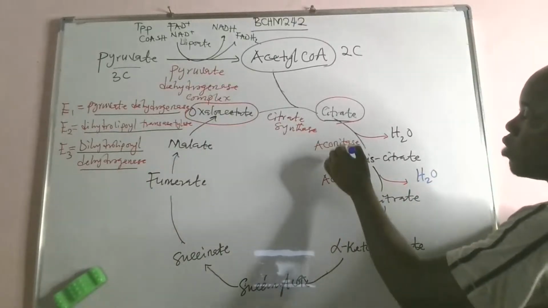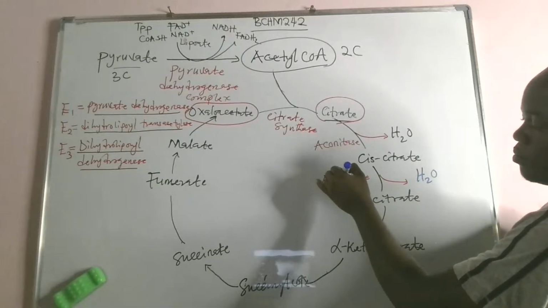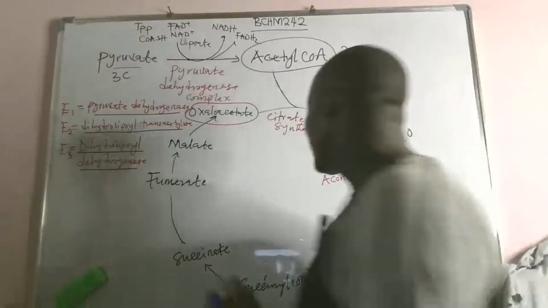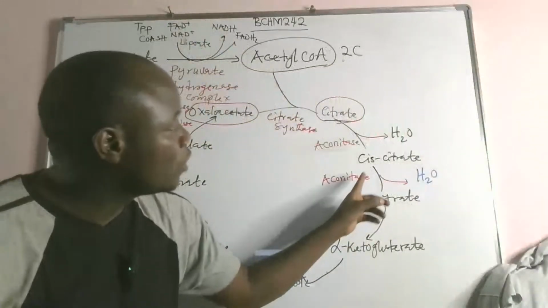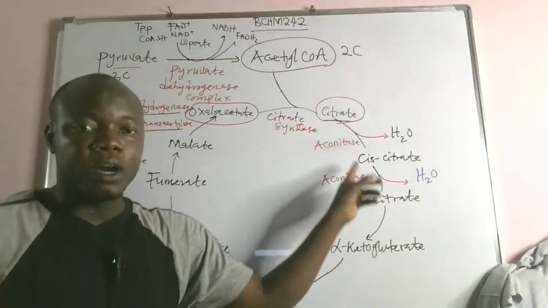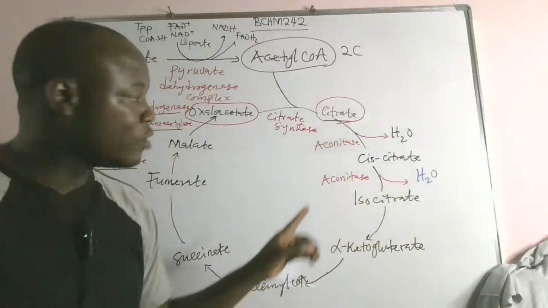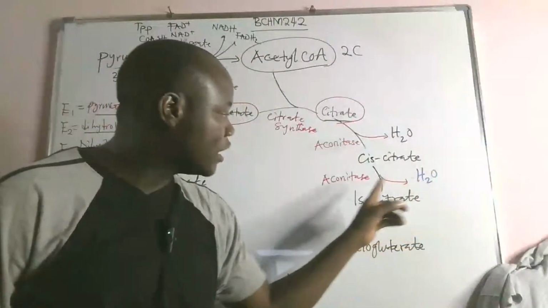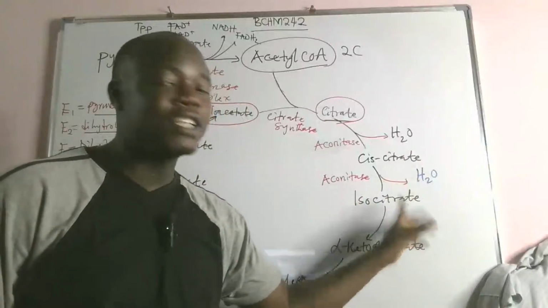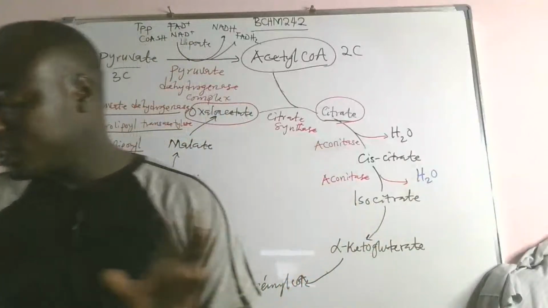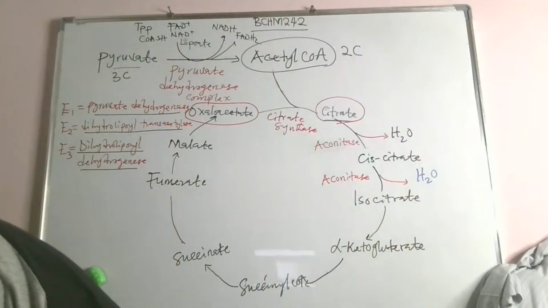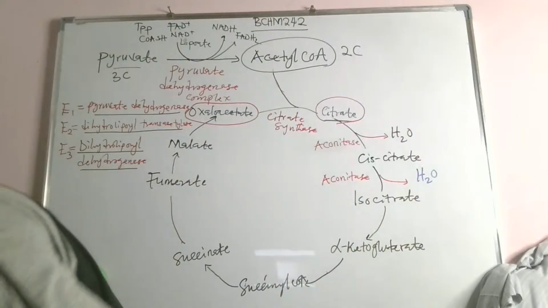So you see we have two aconitase steps. So then what next? Once another molecule of water is removed from cis-aconitate, then isocitrate is generated. So what next?